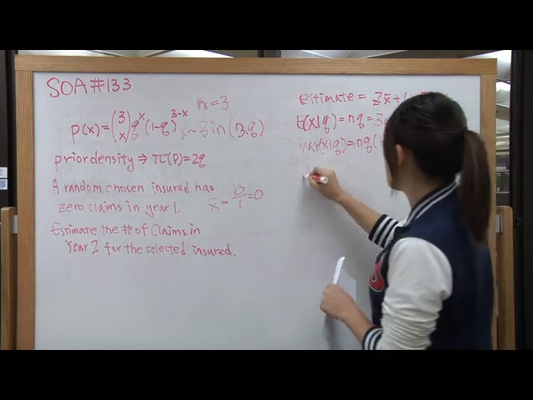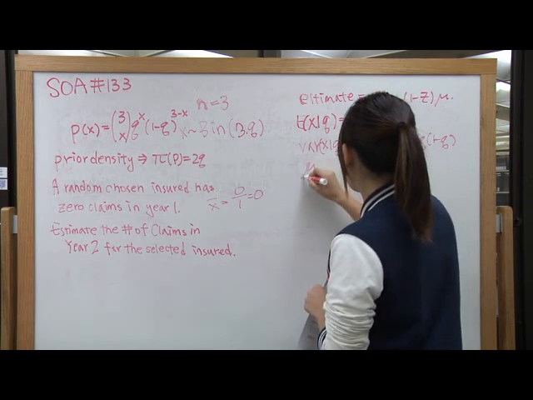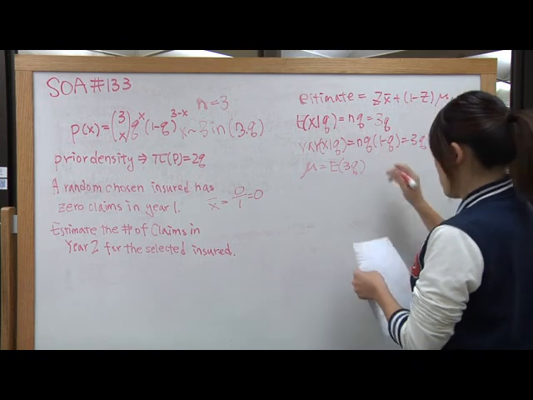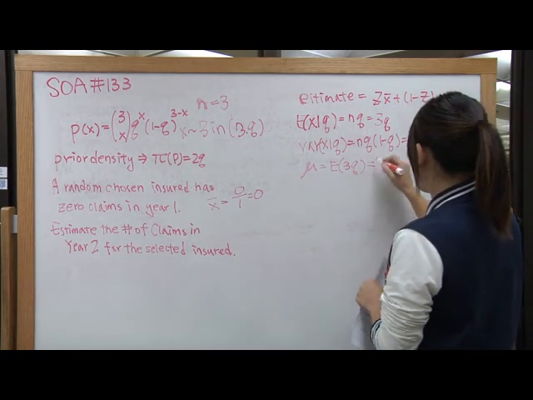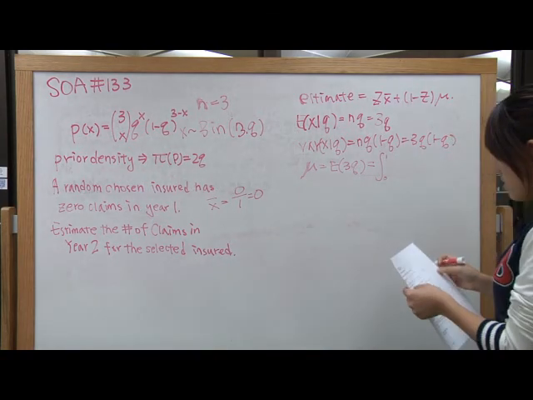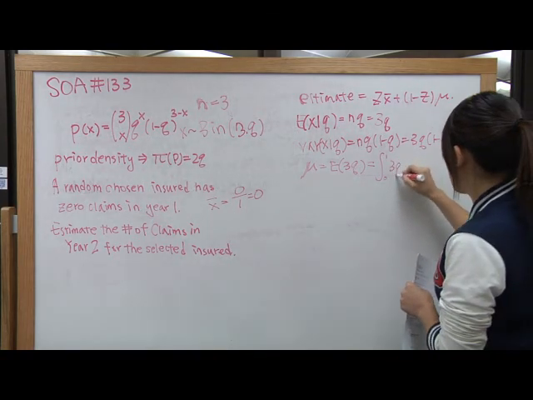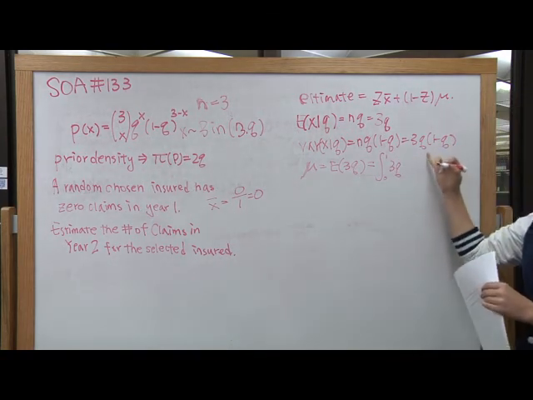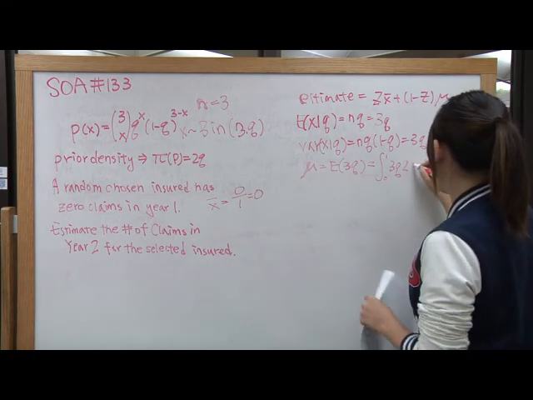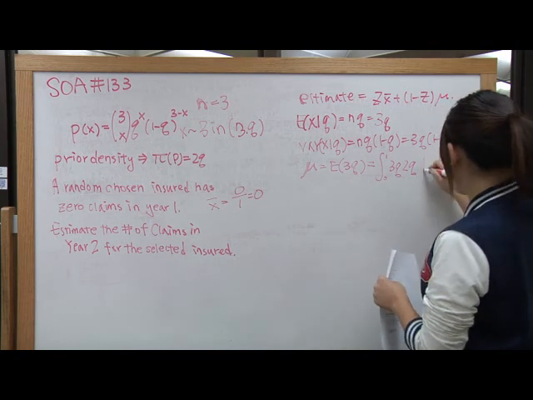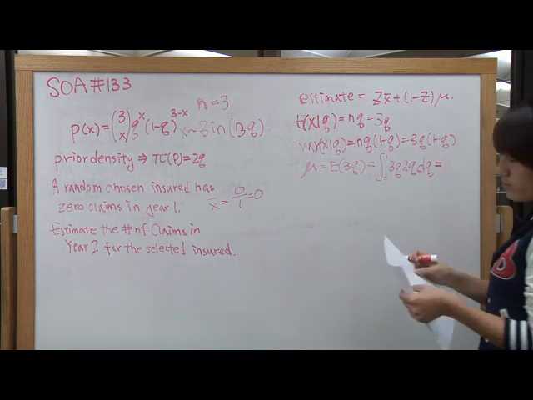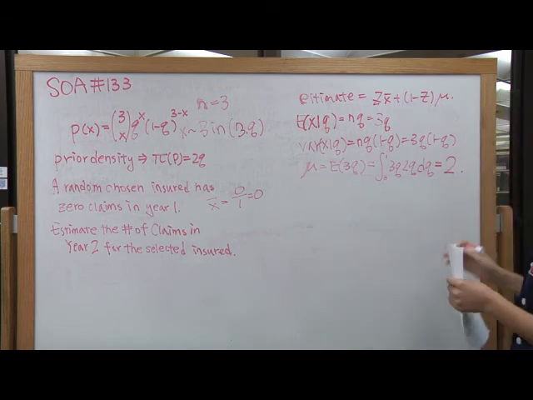So mu equals the expected value of 3q, which is we take the integral from 0 to 1 of 3q times the density function of q, dq. And if you do the integration, you'll get 2 for mu.